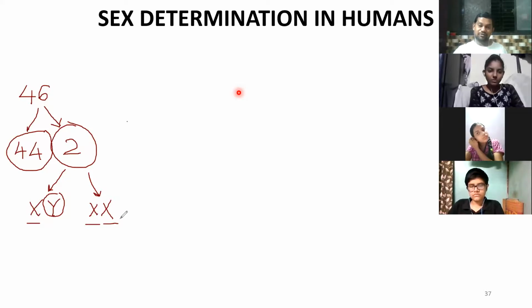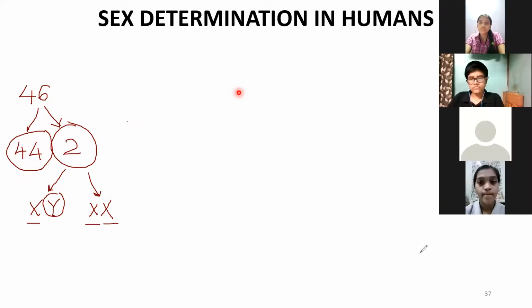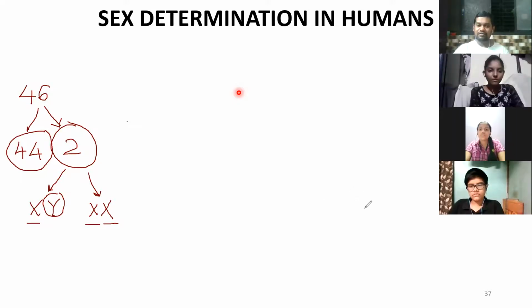Okay, so all those characters which are restricted to only a particular sex are present on the X or the Y chromosome. The gene responsible for giving rise to beard and mustache is present on the Y chromosome. That's why only males get that feature.